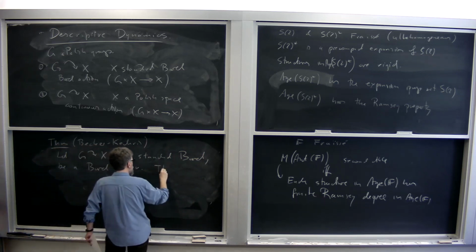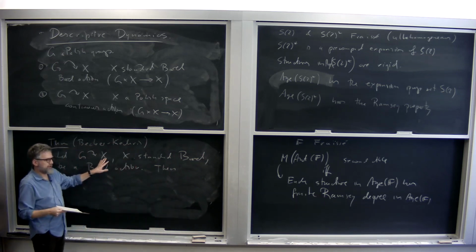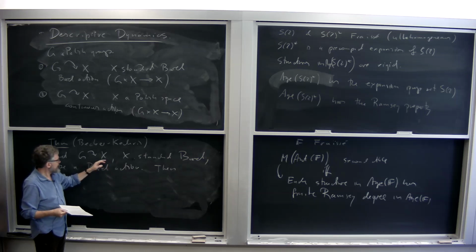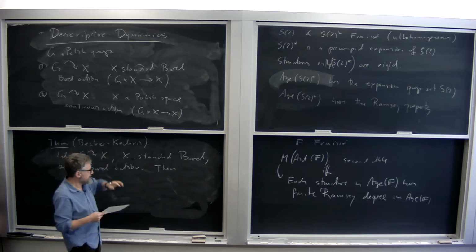Okay, there is a Polish topology on X that gives you the Borel structure, but what the theorem says is that there is a Polish topology on X that gives you the Borel structure and makes the action continuous. So it puts you in this richer or more rigid category.